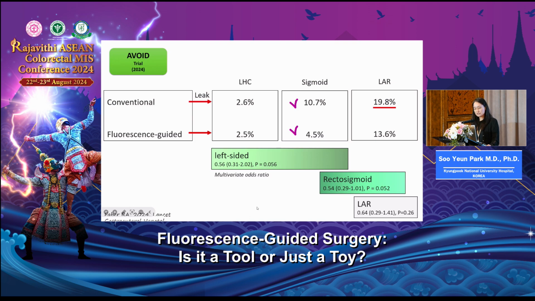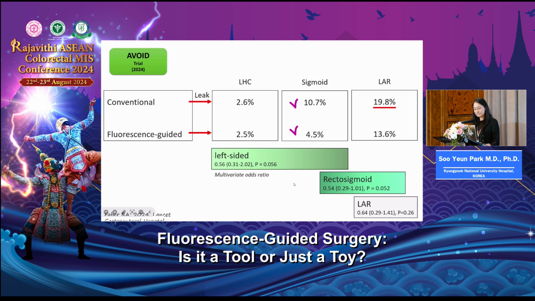I think this study is close to the real experience. For rectal cancer, there are many other factors which can contribute to anastomotic leakage. But for the sigmoid or left colon, perfusion is the most important factor for a safe anastomosis.